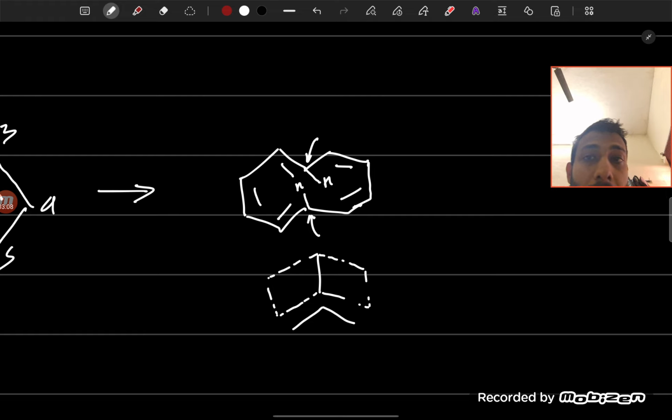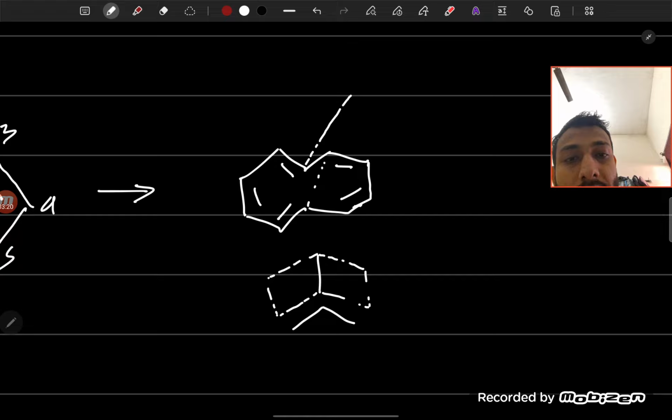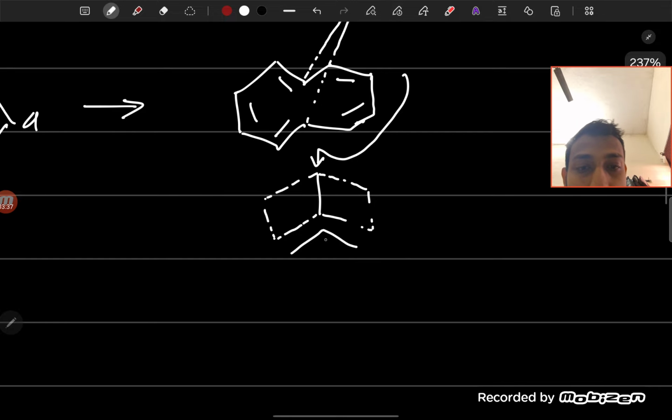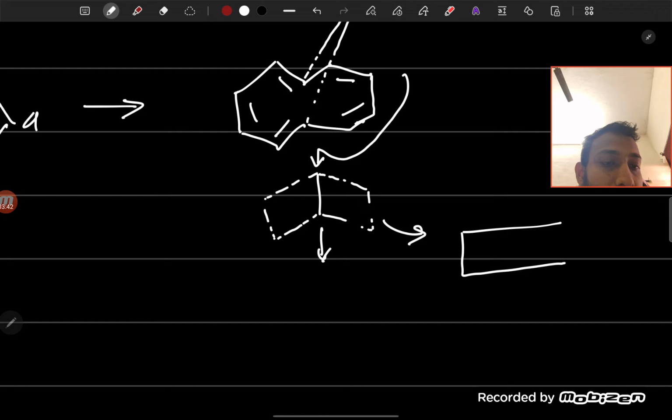But what if we place a small atom on its joints? If we remove these hydrogens and place a small element there, so if we place this X atom on its bridgehead position, then this carbon will push this angle to the lower side, and this will turn into a planar structure.